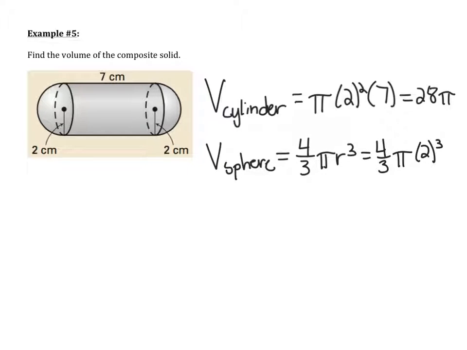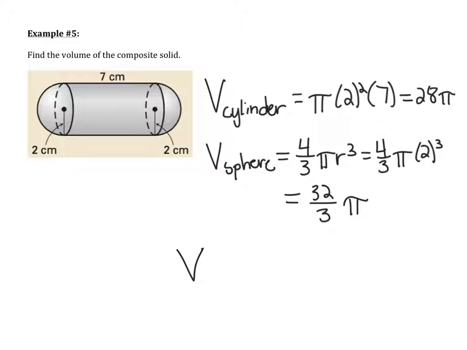So again, I'm just going to leave it in terms of pi to begin with so I can keep my answer as exact as I can as we go along. So I'm going to take 2 cubed times 4/3 in my calculator, which gives me 32/3 pi.